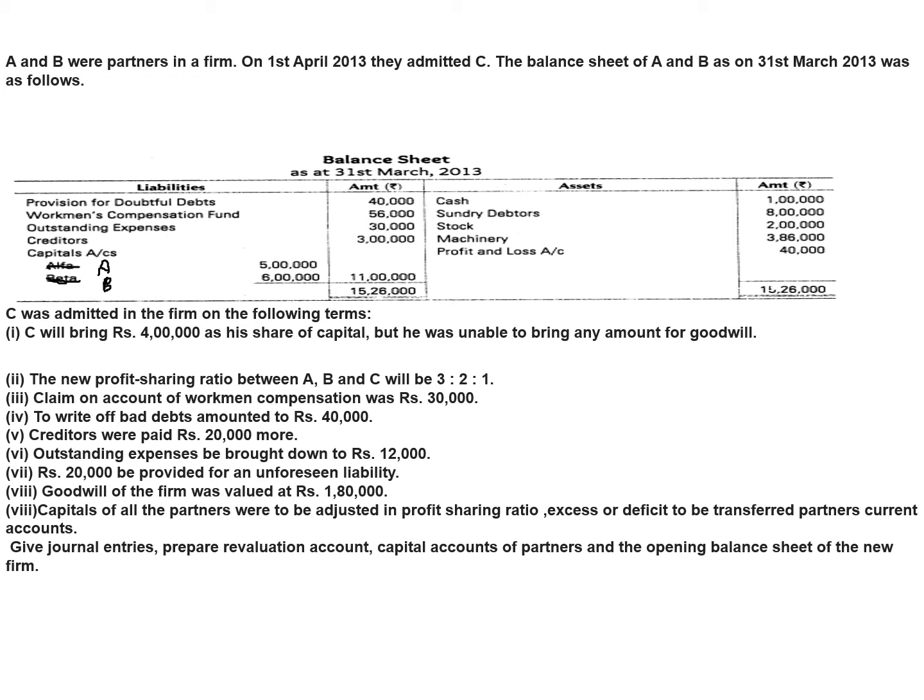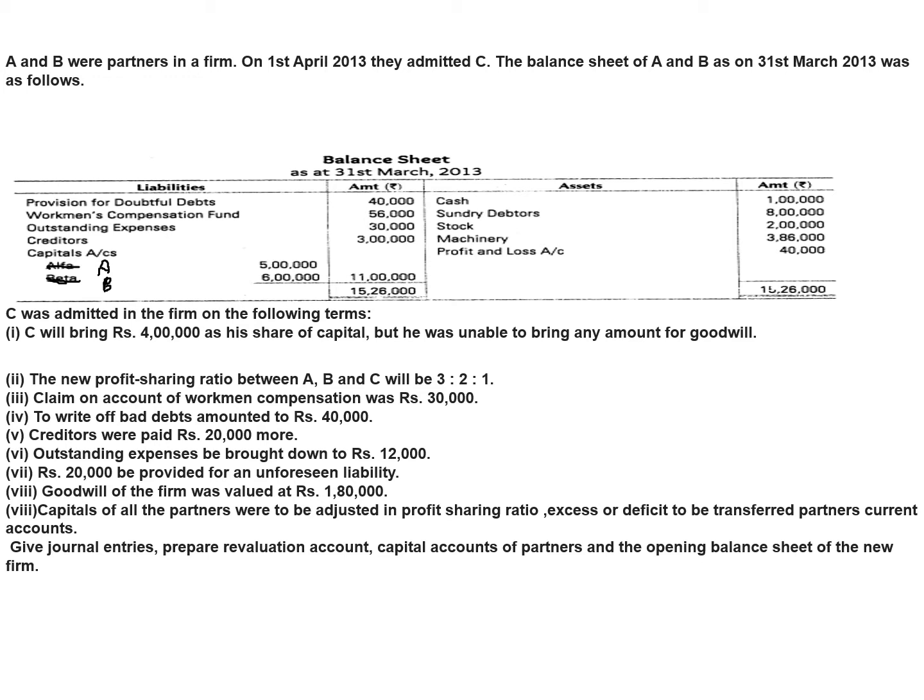What would be the entry when C brings capital? Cash account debit to C's capital 4 lakh. Then the new profit sharing ratio between A, B, C will be 3:2:1.